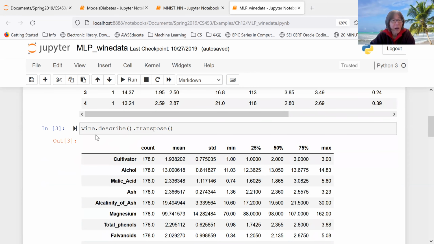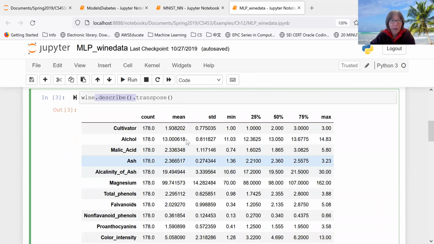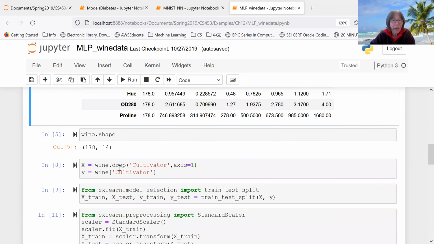So here we have the basic idea about the data. So we use the describe. Okay, and of course here we also transpose. Okay, so total samples we have is 178. Okay, and so the features we have is about 13 features because we use one as our target. Okay, so this part is the same as usual.